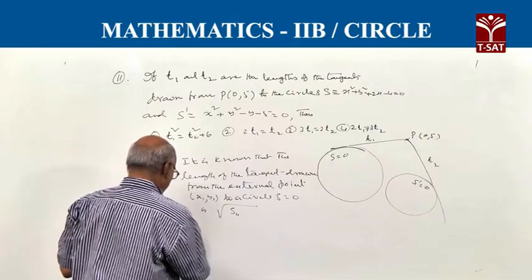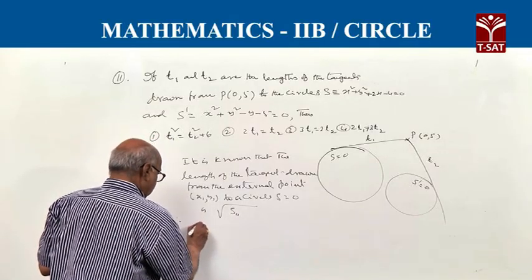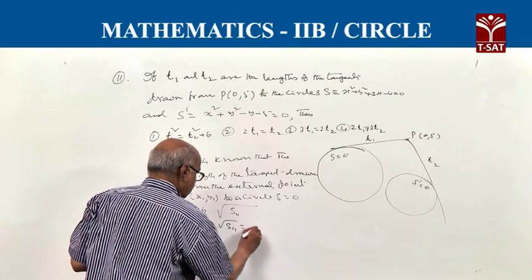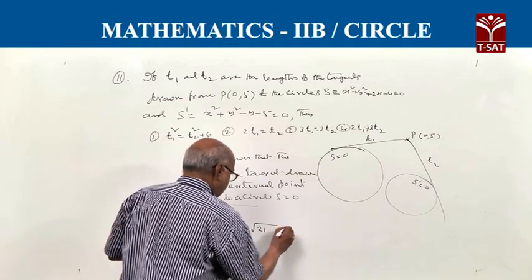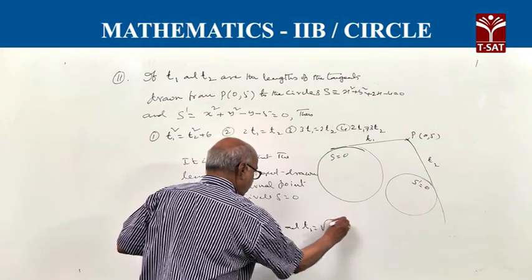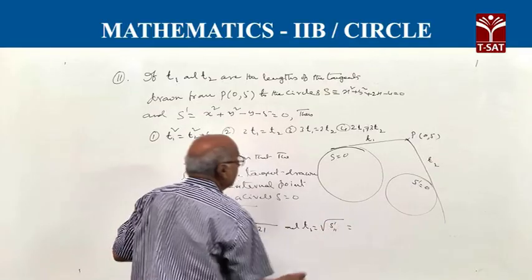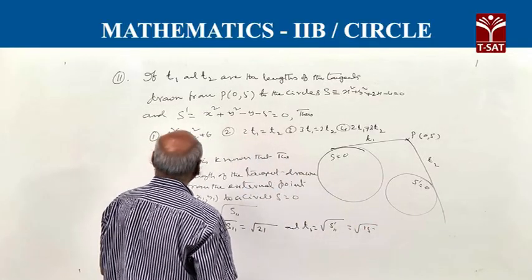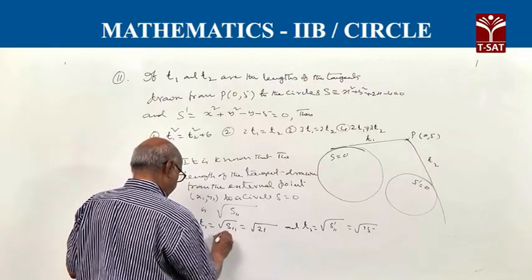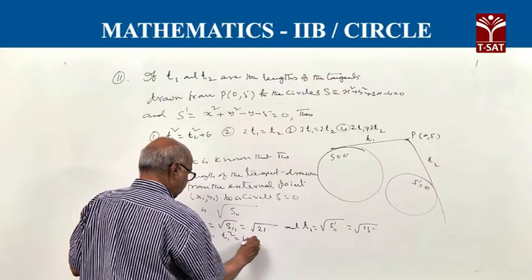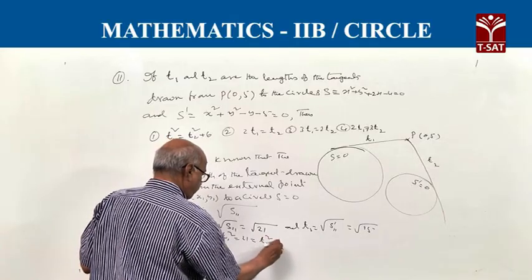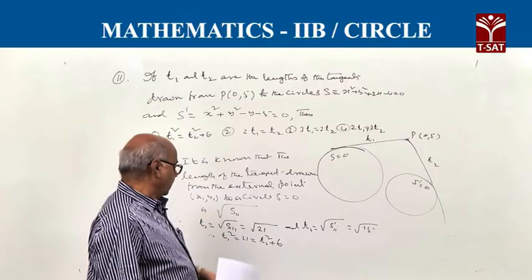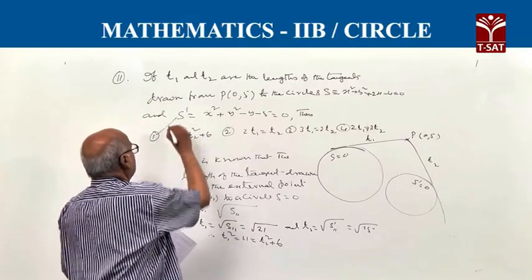So therefore, T1 is equal to root S11, which is square root of 21, and T2 is equal to root S dash 11, which is root 15. So therefore, T1 square is equal to 21, which is T2 square plus 6, 15 plus 6 means 21. So the correct option is option number 1.